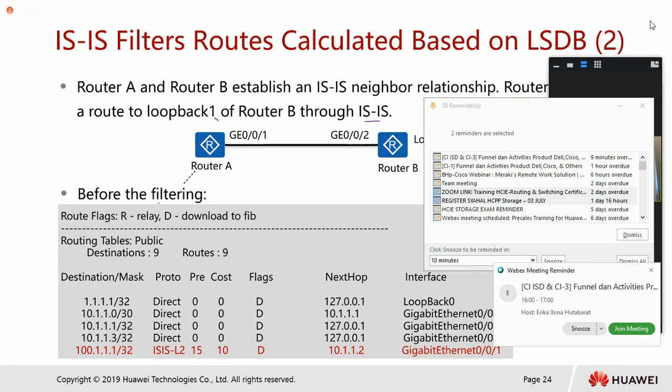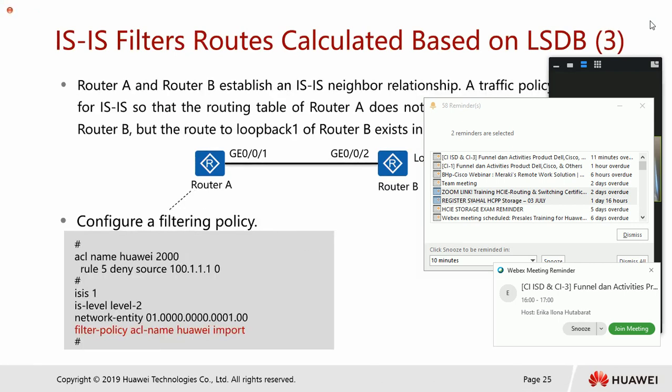Before the filtering, the route 100.1.1.1 is ISIS level 2, preference 15, next hop 10.1.1.2. After the traffic policy is deployed for ISIS, the routing table of router A does not contain the route to loopback 1 of router B, but the route still exists inside the ISIS LSDB. So the database is still there, but I just do not want to allow you to go to the destination.